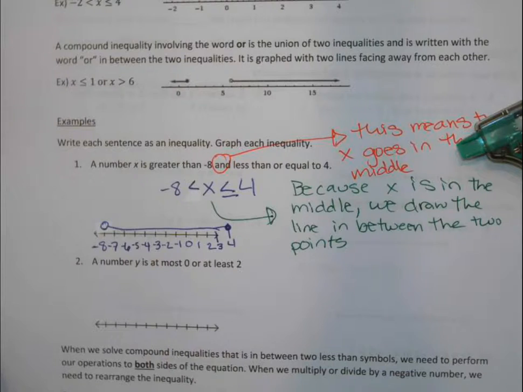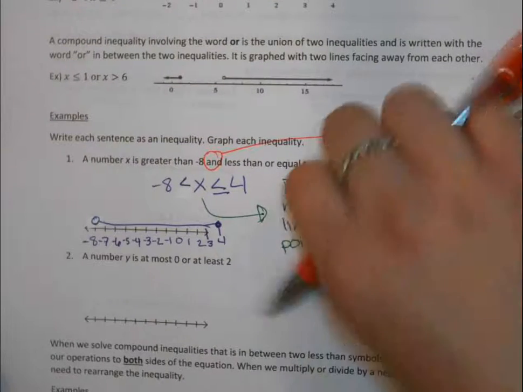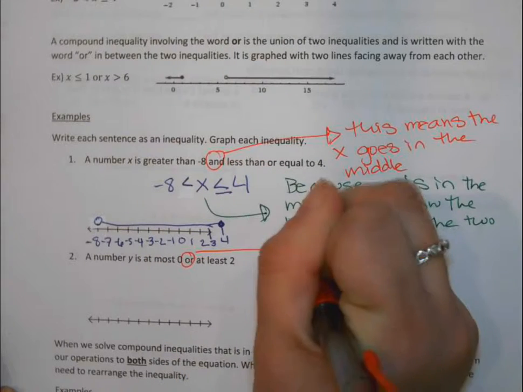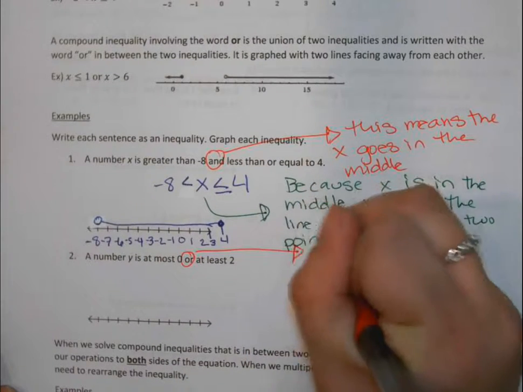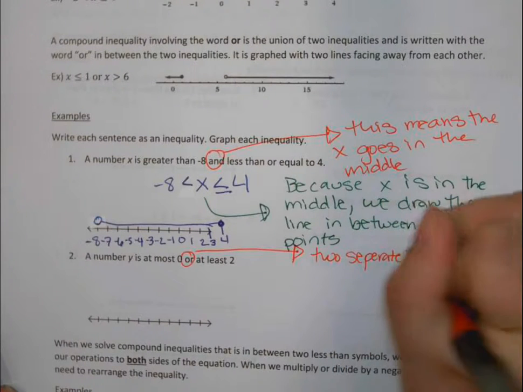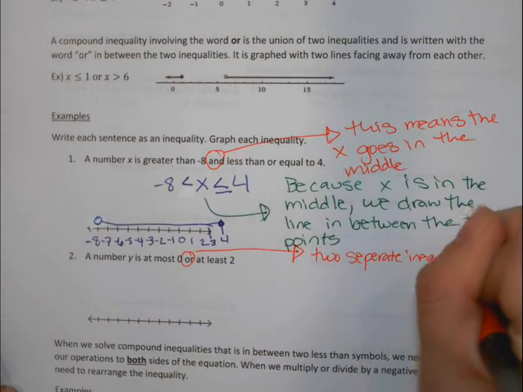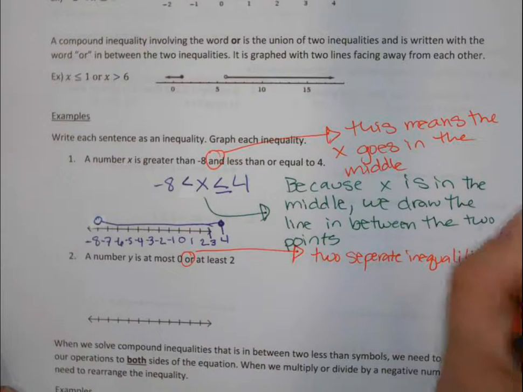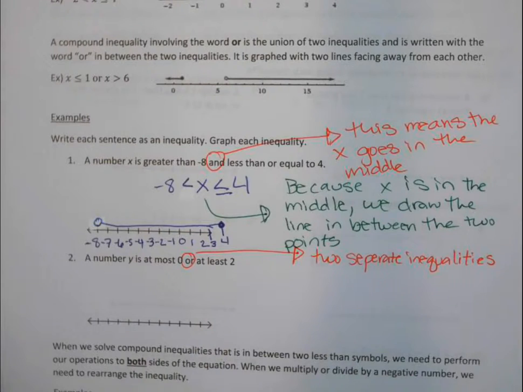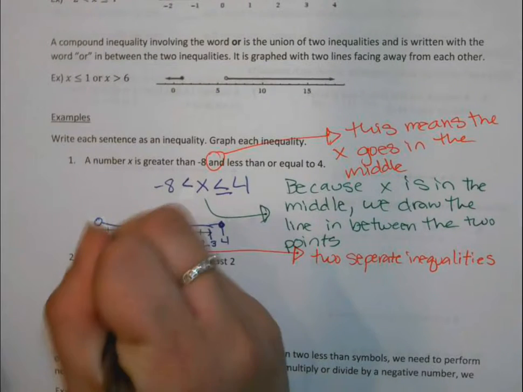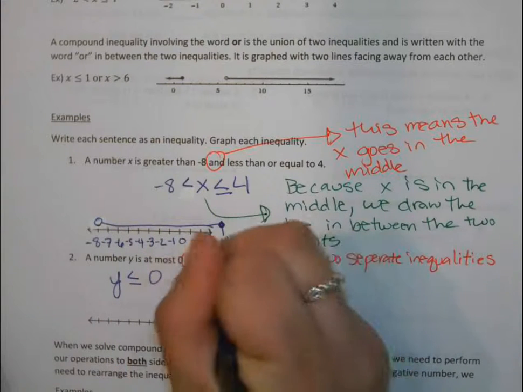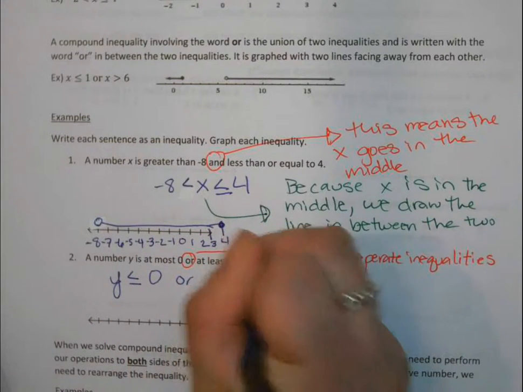On number 2, it says a number y is at most 0 or at least 2. It says or. This means two separate inequalities. So a number y is at most 0, so that means it is less than or equal to 0, or y is greater than or equal to 2.